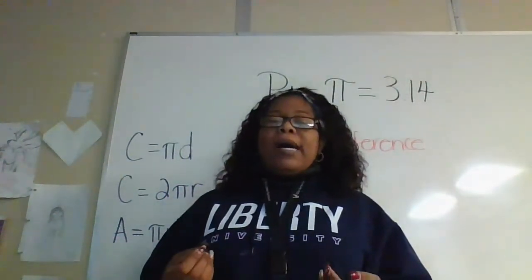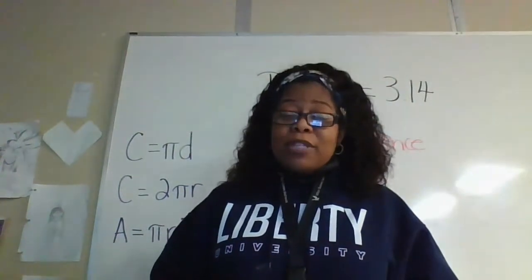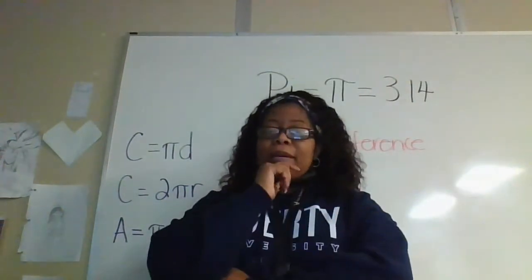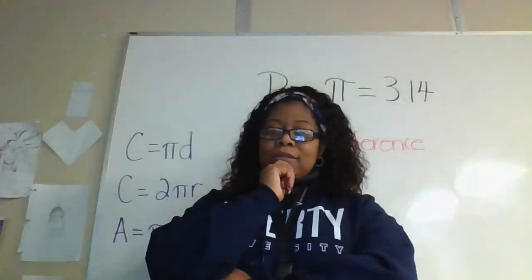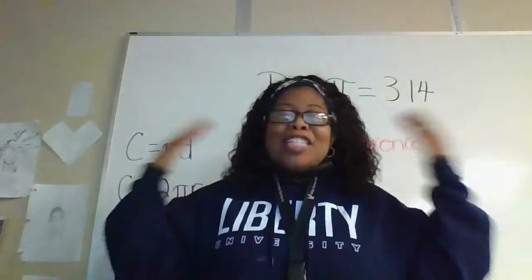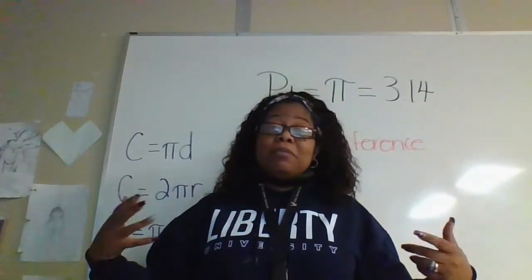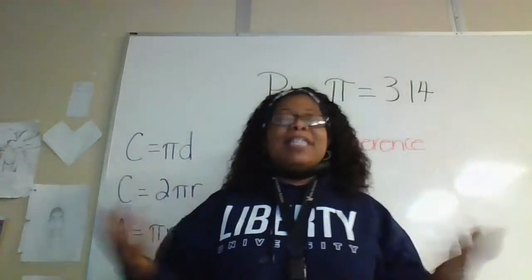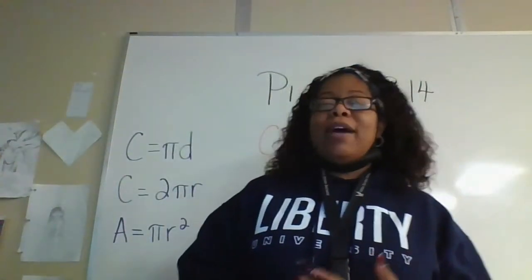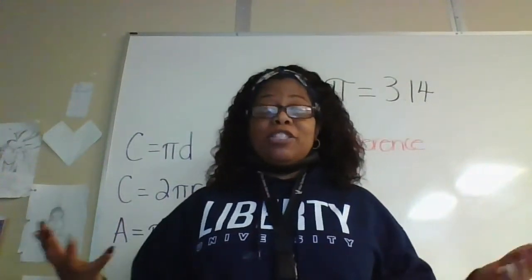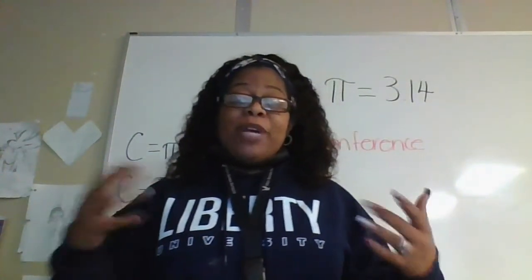Well, you kind of can't do that with a circle. Can anybody tell me why? Exactly. A circle does not have sides. A circle is a circle. So since the circle does not have sides, we still have to figure out how can we measure this circle and what is that called.